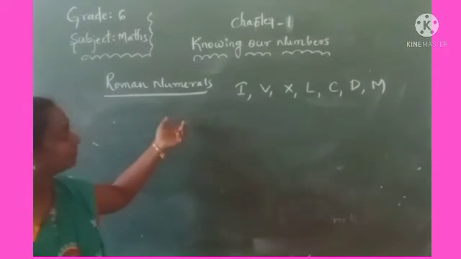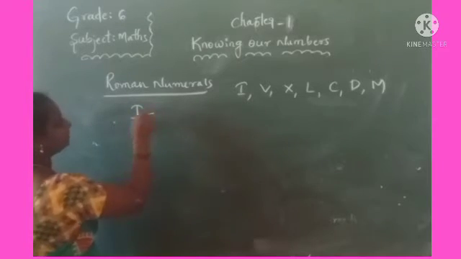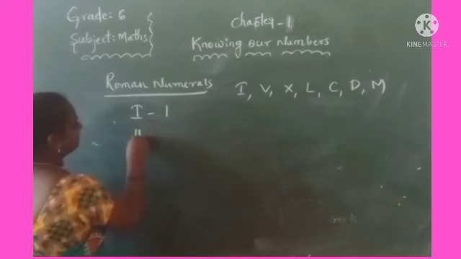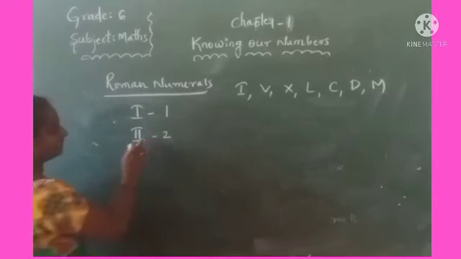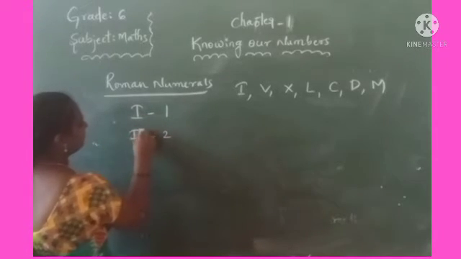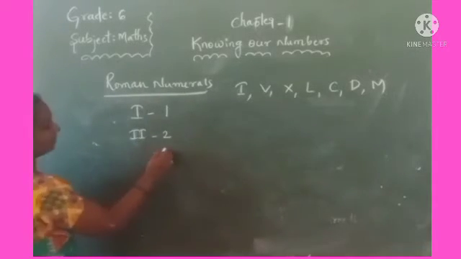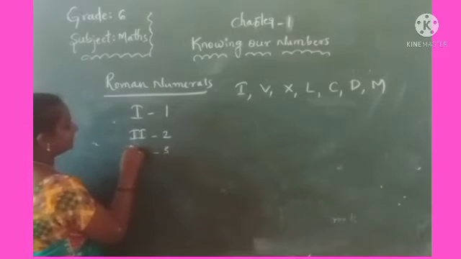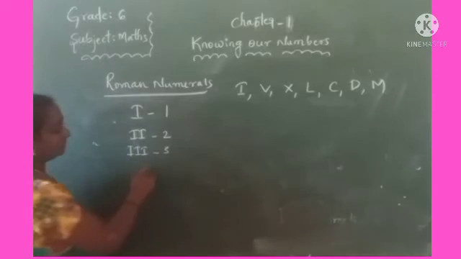Okay, Roman numerals. So what is the value for I? 1. So for 2, we can write I 2 times. So if you want to write the 3, how can you write? 3 times, so I is repeated.